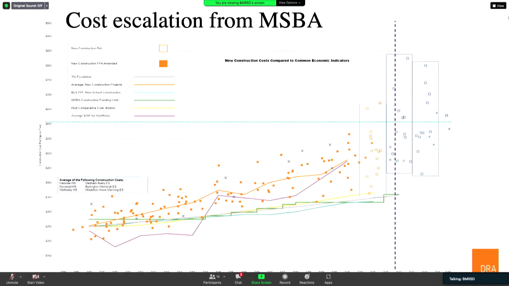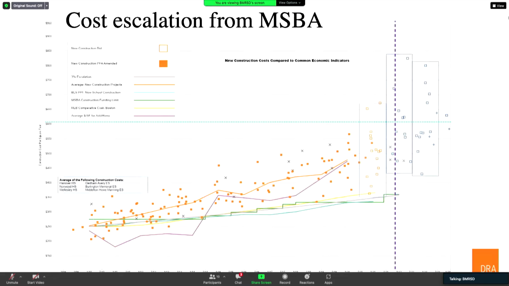The orange line that starts at 250 and ends up as the uppermost graph line is new construction. The purple line that starts below 250 drops down and then comes back up to almost be matching new construction is renovation costs. So where those lines end is completed work as of the end of 2019.